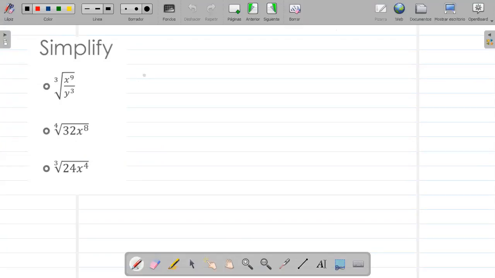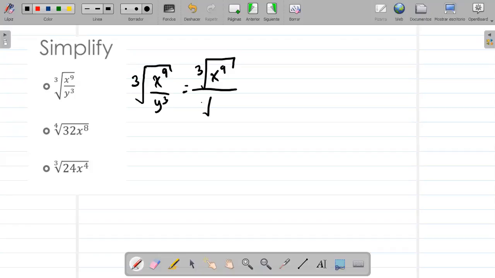So how can we simplify the cubic root of x to the power of 9 over y to the power of 3? Very simple. First thing, we should separate the cubic root for each expression, okay? Look, what I need, to be honest, is just that you apply the properties as well. What property can we apply in here? Do you remember?